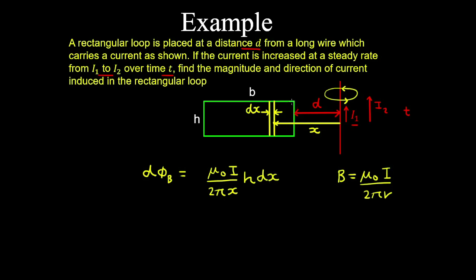And to get the total magnetic flux on this area of loop, we integrate both sides. So here we're integrating from d to d plus b.